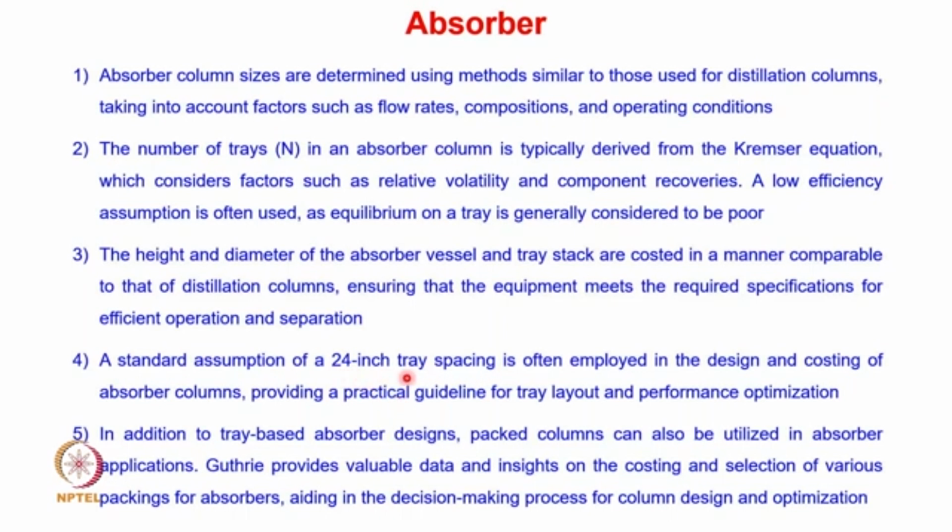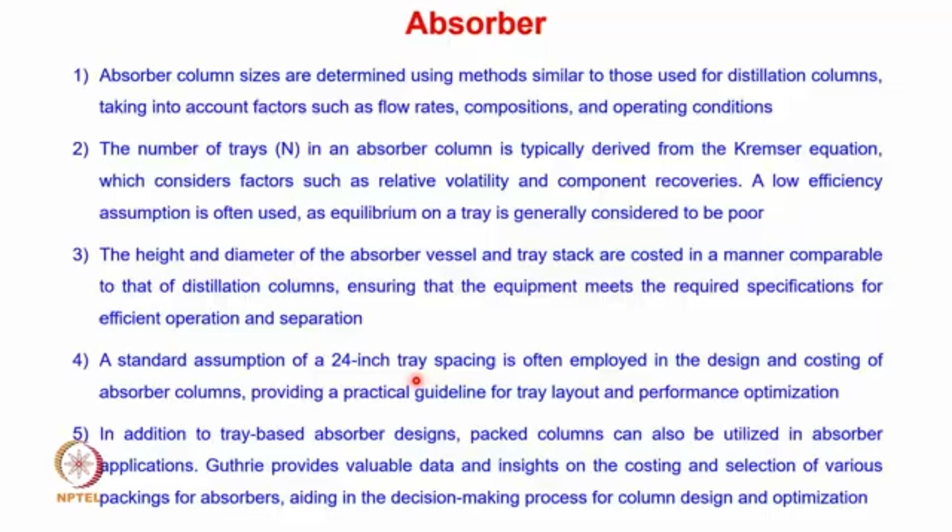So we can calculate the minimum number of trays. We can keep this spacing between each tray as 24-inch, and based on that we can find out the height of the absorber column. So again, accordingly, the costing of the absorber column we can perform. So this provides the practical guideline for tray layout and performance optimization.